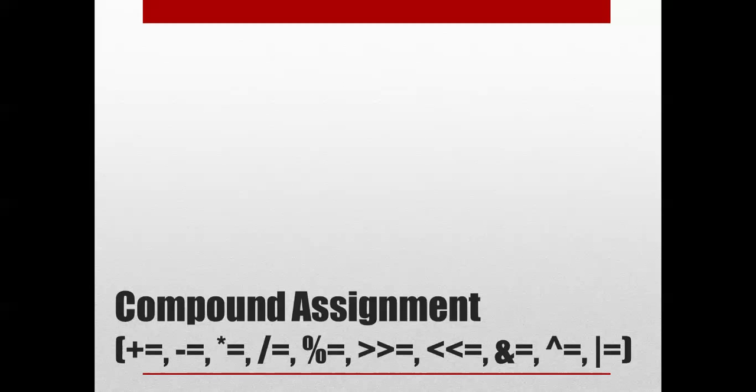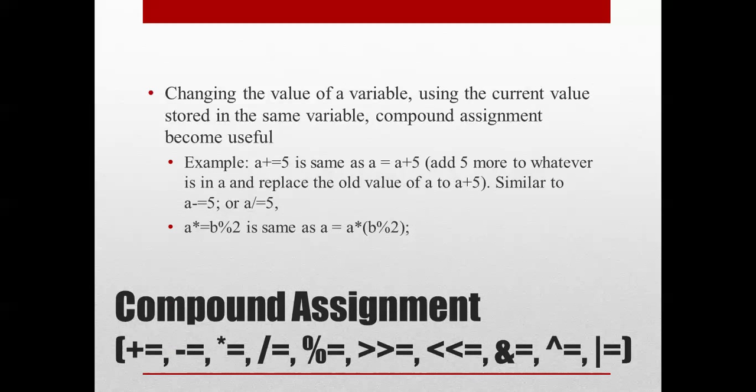We also have compound assignments, which are plus equals, minus equals, and so on. It's used for changing the value of a variable using the current value stored in the same variable. For example, if you say a plus equals 5, it is the same as adding 5 to a and storing that answer in the same variable a. Pretty simple.